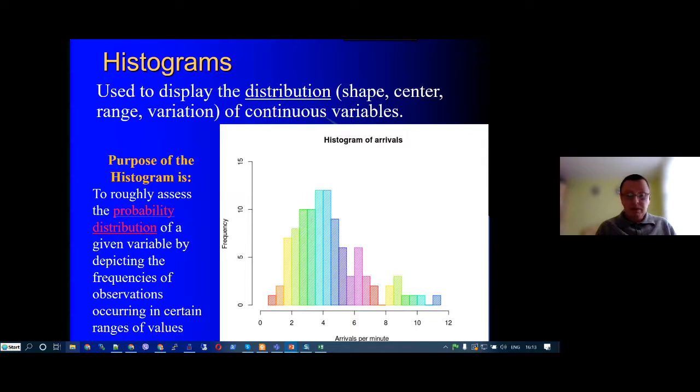So the independent variable is continuous, and we have a dependent discrete variable, the number of patients who arrive during a particular time interval.